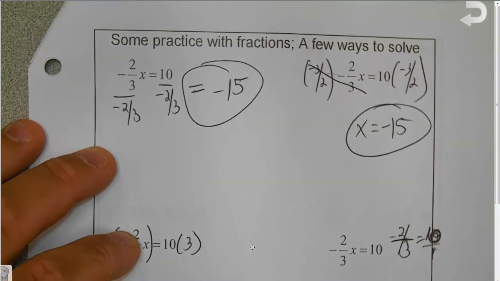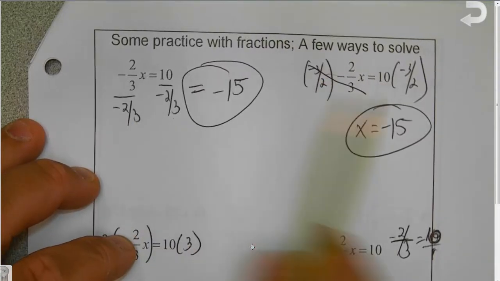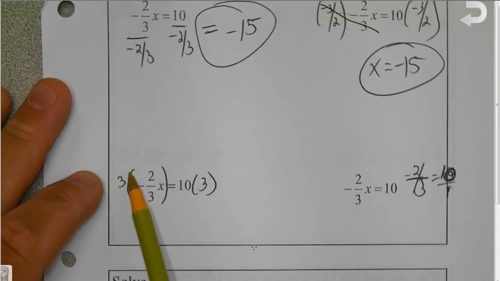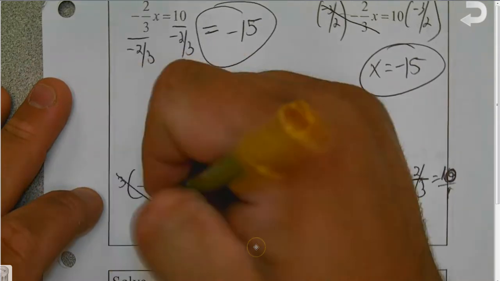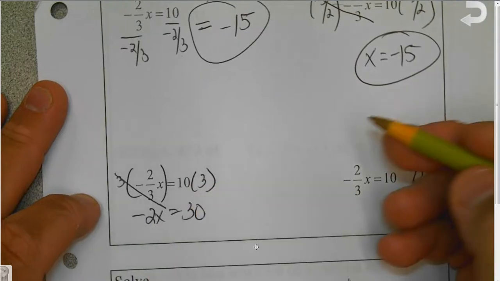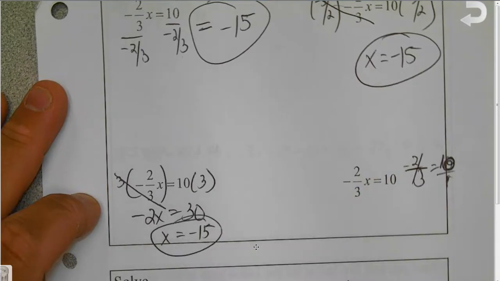So far, so good. So we've divided, we've multiplied by the flip, and we've gotten the same answer. Now, let's talk about what happens when you just multiply by the denominator of the fraction. These 3's cancel out, so negative 2x is equal to 30. I divide by negative 2, I get x is equal to negative 15. So far, so good.